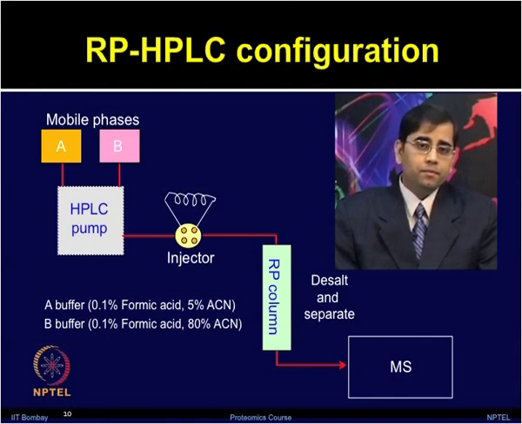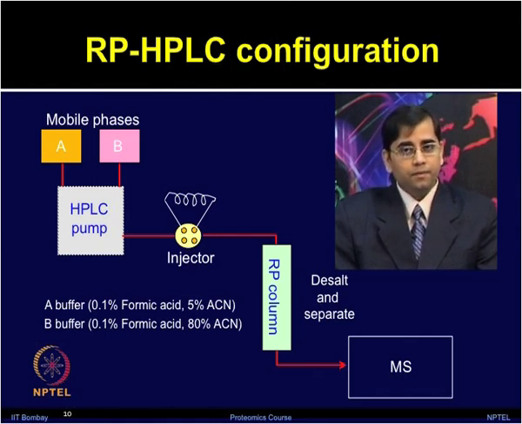As you can see, there are two components in the mobile phase, A and B, linked with the HPLC pump. Buffer A can range from 0.1% formic acid to 5% acetonitrile, and B from 0.1% to 80% acetonitrile. First of all, equilibrate the system in buffer A, then load the peptides and wash those.